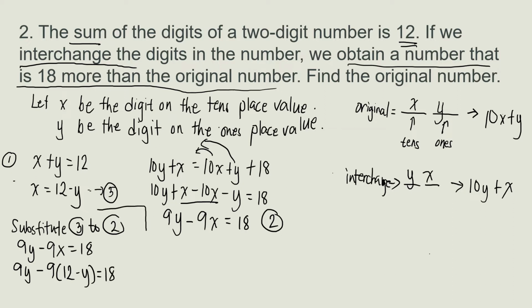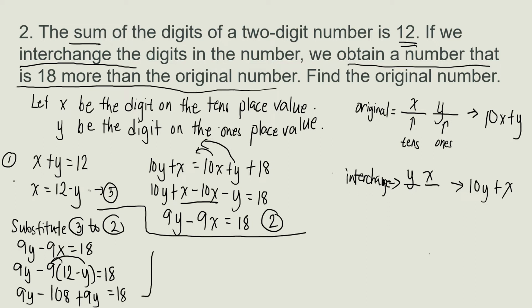Let's put a line here to separate them. So we will have here 9y. Distribute negative 9. Negative 9 times 12 is negative 108. Next, negative 9 times a negative y is positive 9y, is equal to 18.